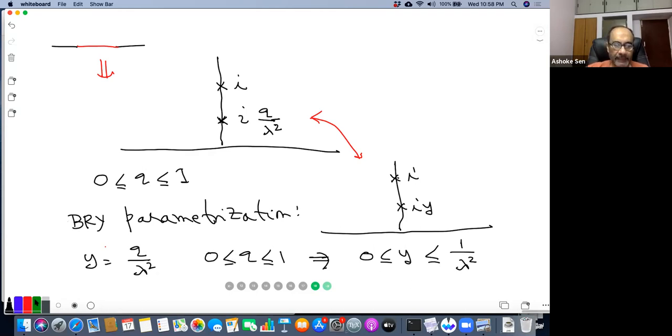This means that the other diagram must cover the rest of the range of y, by definition, because the two diagrams together should cover the whole range. So this covers 1 over lambda square less than or equal to y less than or equal to 1. That's the way string field theory makes contact with the worldsheet expression: this diagram covers this range and this diagram covers this range.